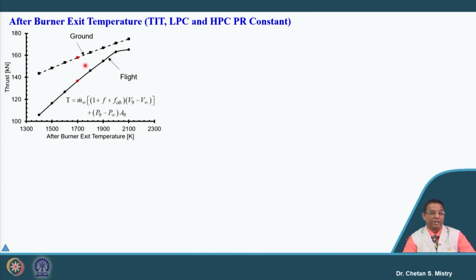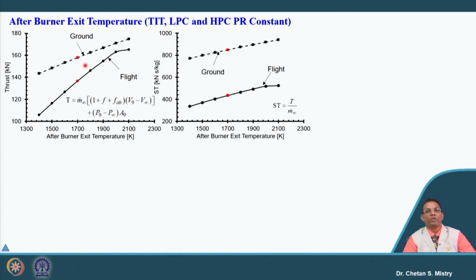The reason can easily be understood from what we mean by flight condition: what will be my entry pressure, what will be my entry temperature, and how it will be affecting my overall pressure ratio, and how it is affecting our exit velocity calculation, and that is what will be impacting our thrust calculation. Okay. Now, here this is representing the specific thrust.